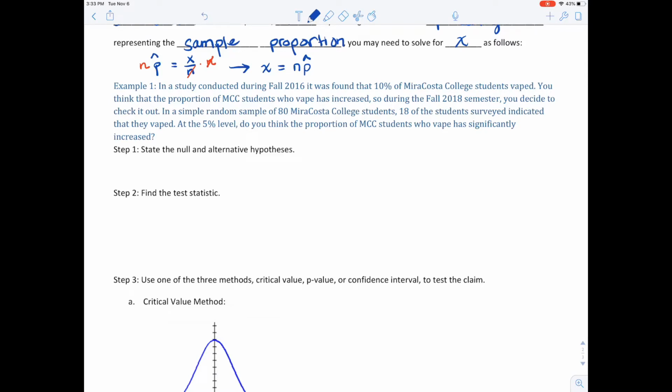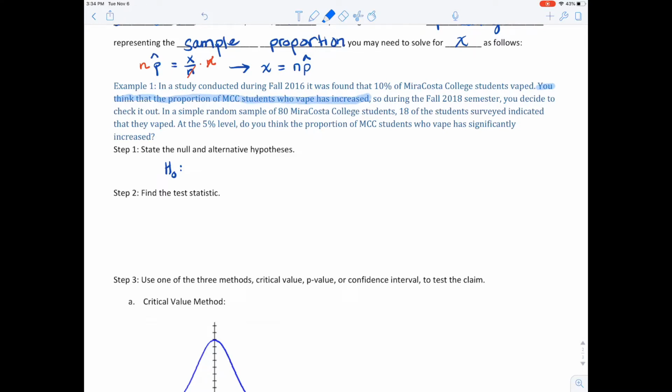So here's certain things that should be involved. We want to figure out what the null and what the alternative hypothesis is. The null hypothesis is always what is assumed to be true given past information, past studies. It's what you're checking out now. So here, this sentence, you think that the proportion has increased.